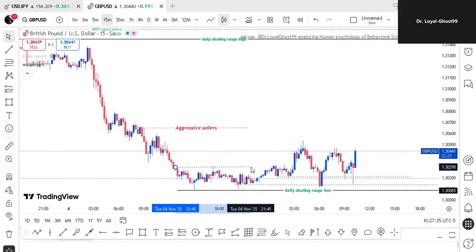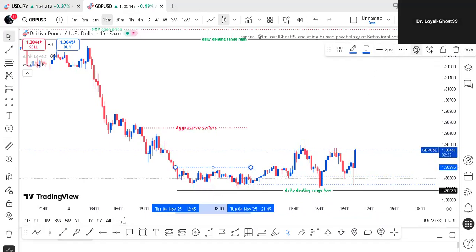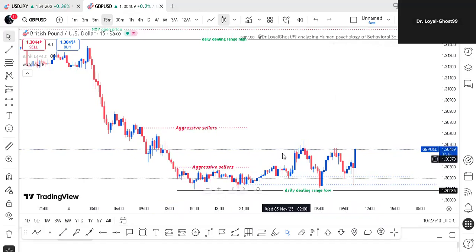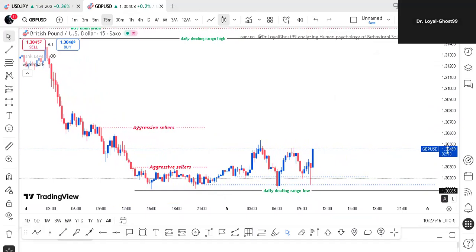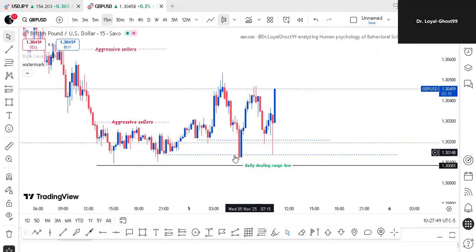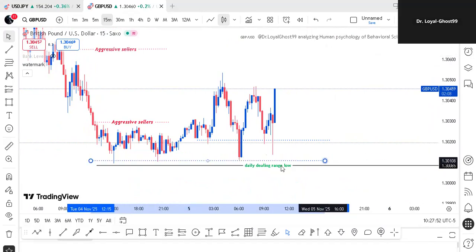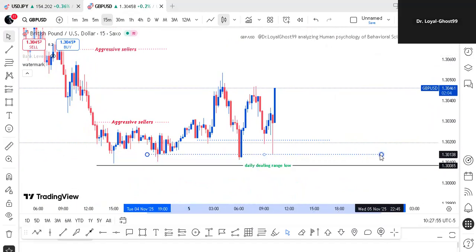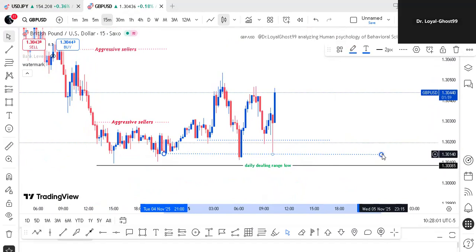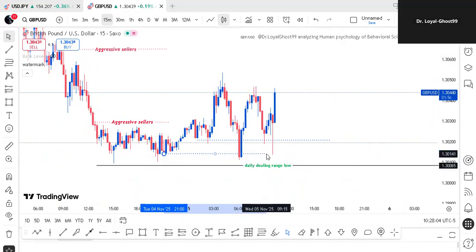This territory of the aggressive sellers. So notice that then the aggressive buyers came in. Stay with me and understand what I'm doing.